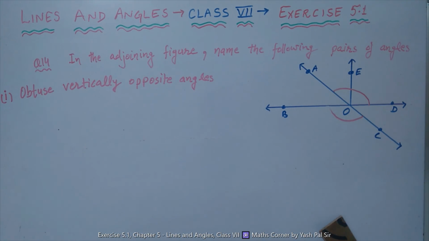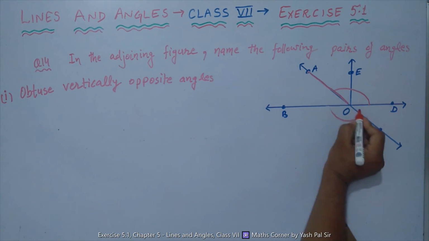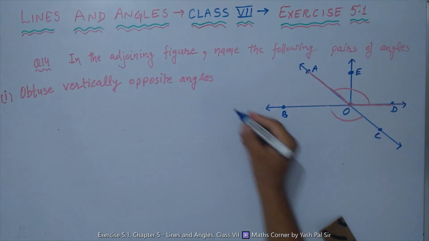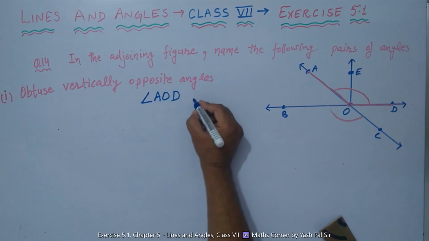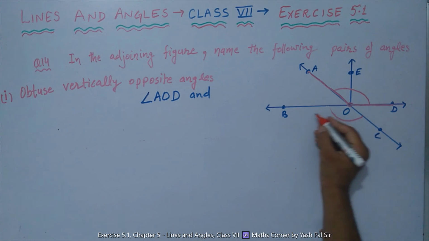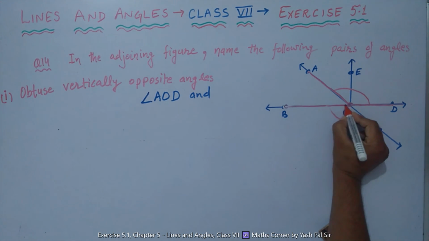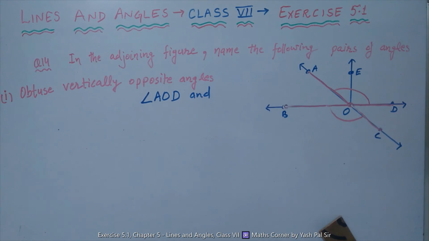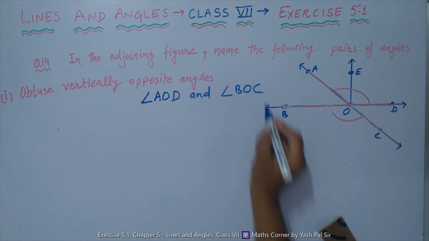So the answer will be angle AOD. This is one angle, AOD, and the next pair of vertically opposite angles is BOC.